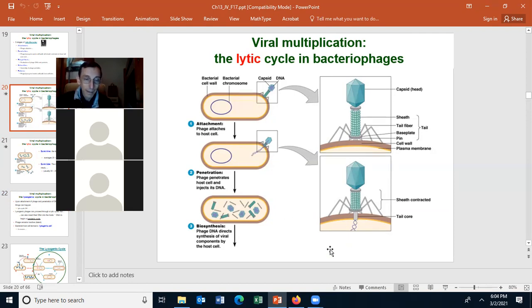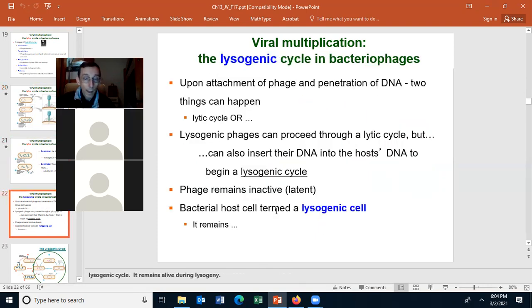Any question about that? However, if the lysogenic virus decides to enter the lysogenic life cycle, the host cell will remain alive for as long as the virus stays in the lysogenic life cycle.